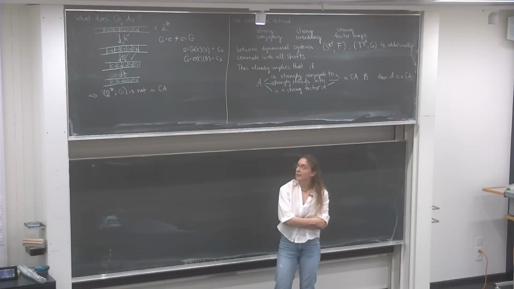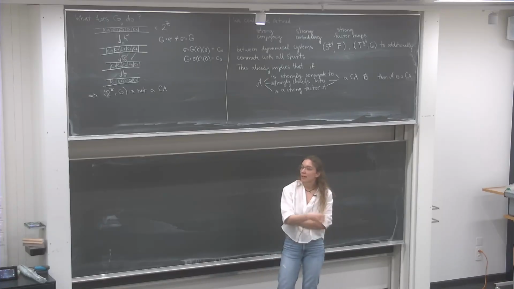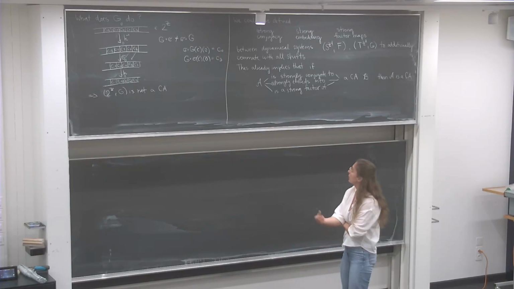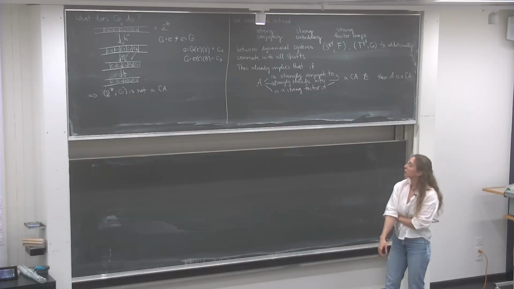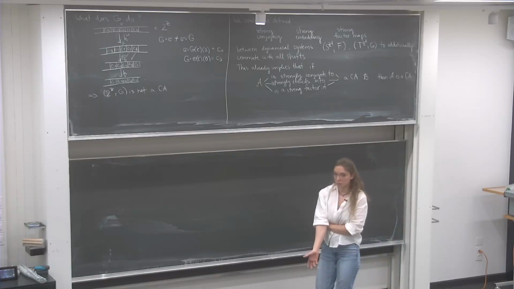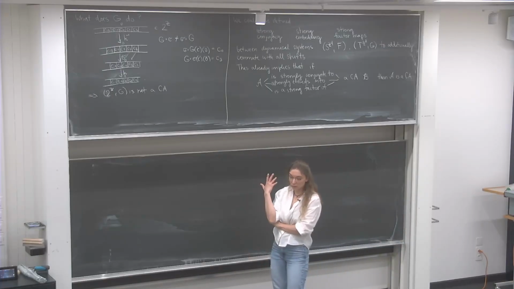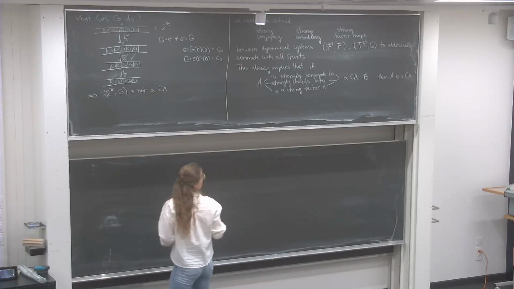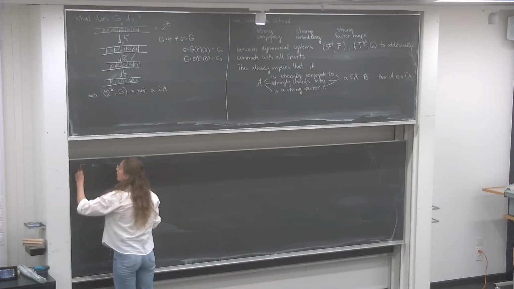But one way is to see how many other cellular automata can a particular cellular automaton simulate. So we will again be somehow comparing the dynamics of two cellular automata. And this example I'm about to show you will be quite crucial. So this somehow shows that these strong notions would have been too restrictive for us. So this will be the last example of today.